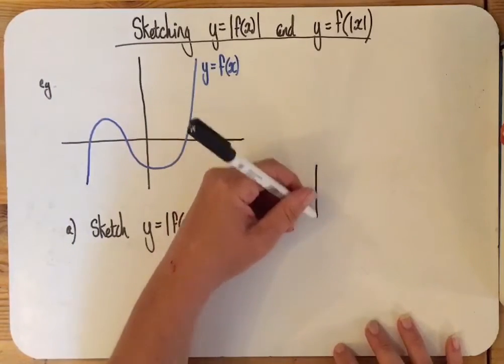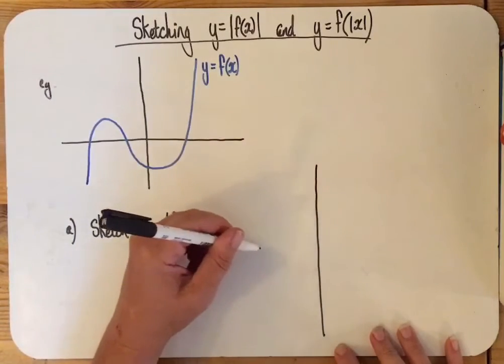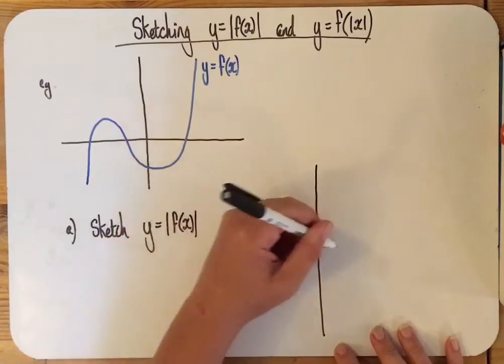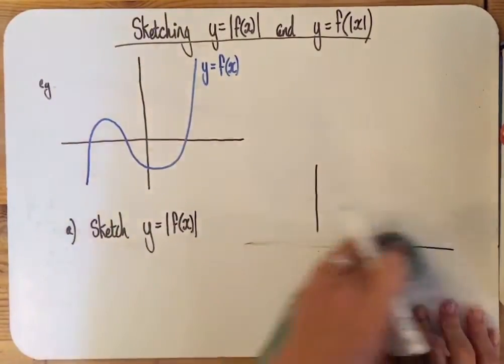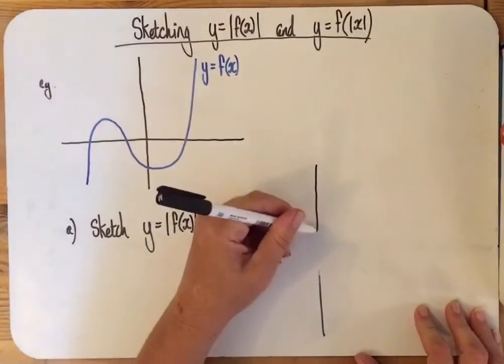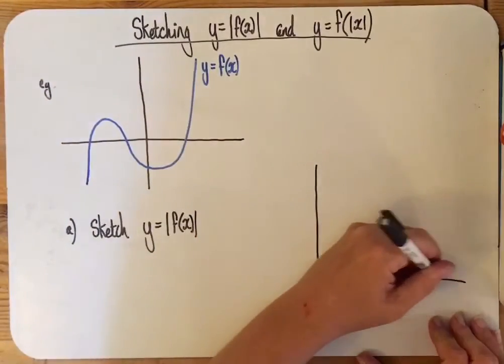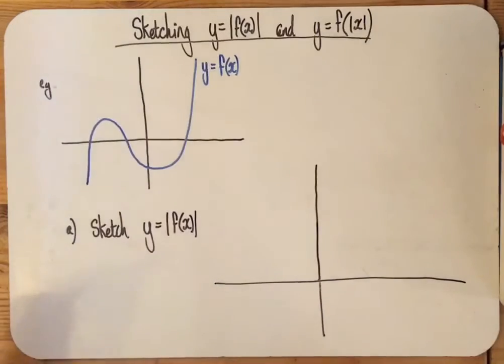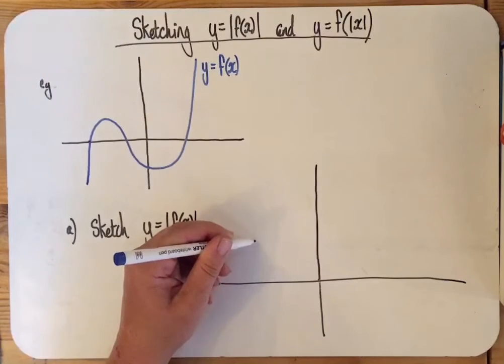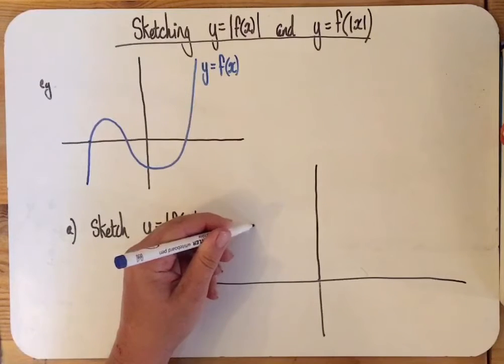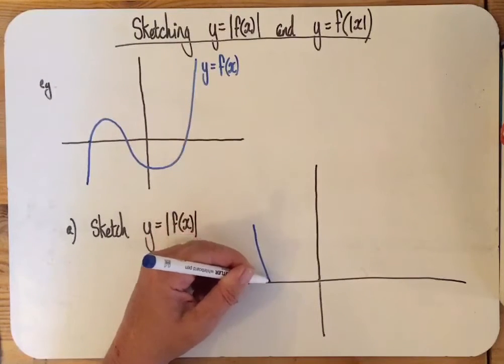So the resulting shape is going to look, in fact, I can move that down because it's not going to be anything below the x-axis. Let's pop it down a little bit. So this bit here gets reflected up. You get quite odd looking graphs for these. So that's going to come up like that.